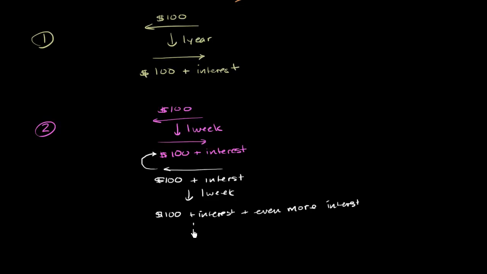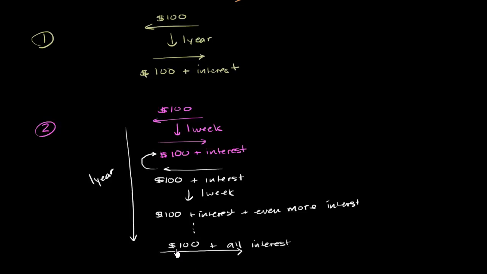So this process is going to continue for an entire year. And at the end of that year, you finally, I don't know what you did, you had some type of investment or some type of business, and you finally pay me back, without taking out another loan, $100 plus all the interest that has accumulated.